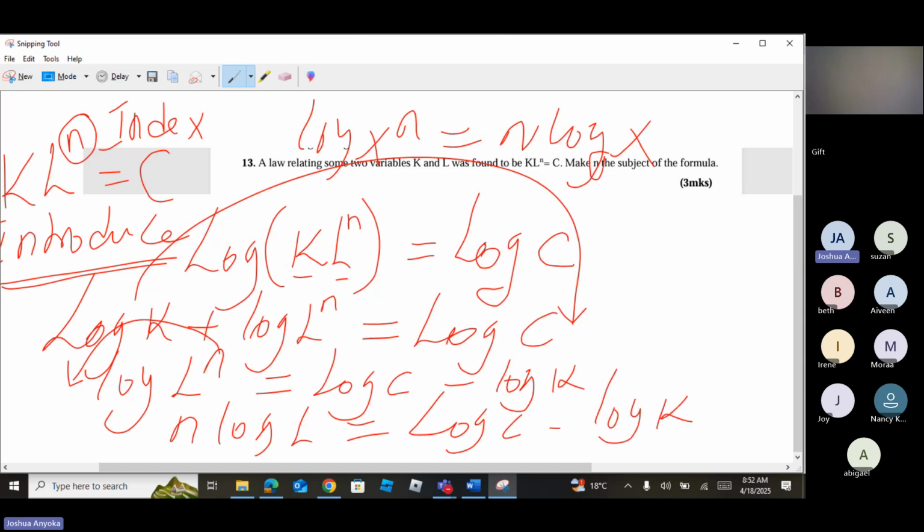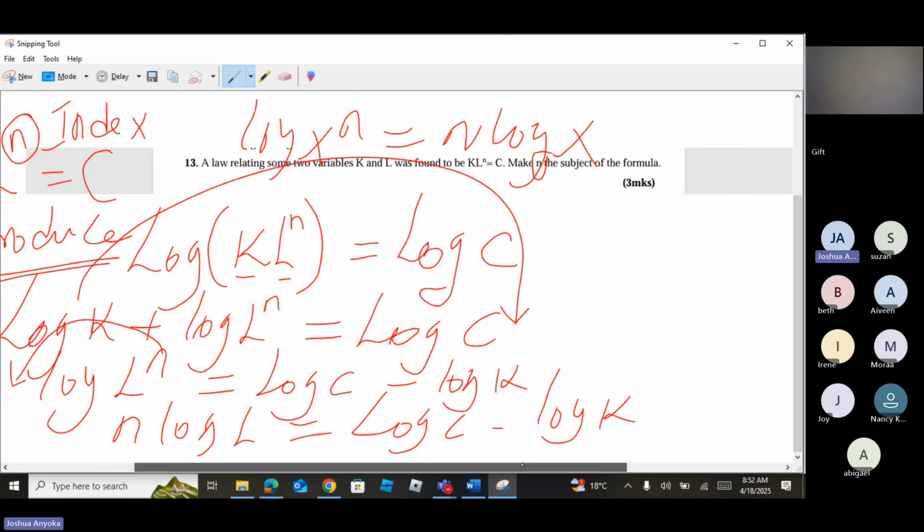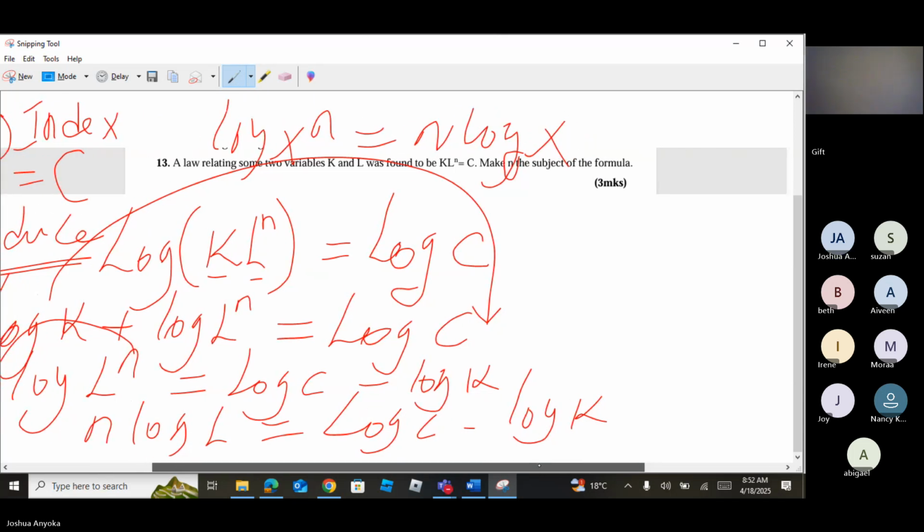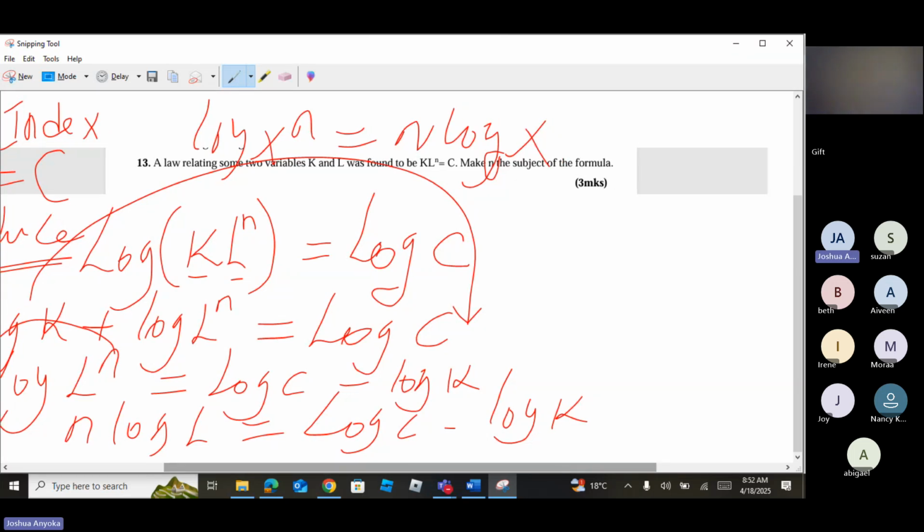We want to make n the subject, so you divide both sides by log l. So n is equal to log c minus log k divided by log l.